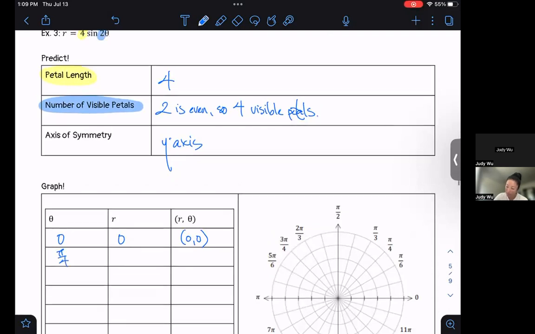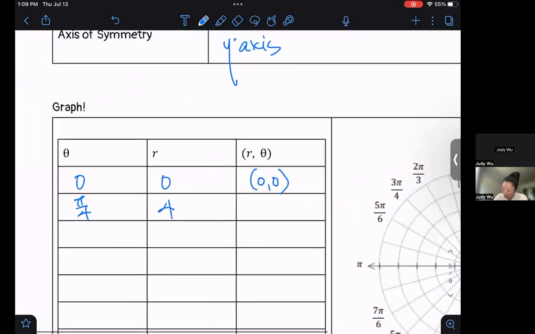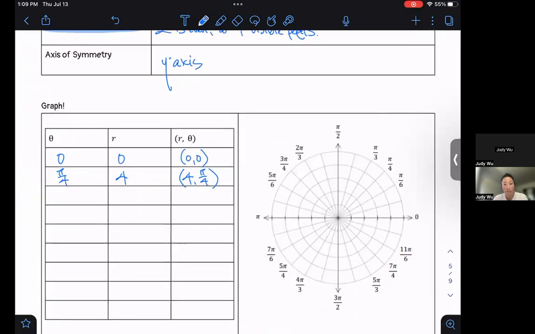When I plug pi over 4 into this equation, I get 2 times pi over 4, which is pi over 2. And then sine of pi over 2 is 1, and then 1 times 4 gives me 4. So (4, pi over 4) is the end of one of the petals.